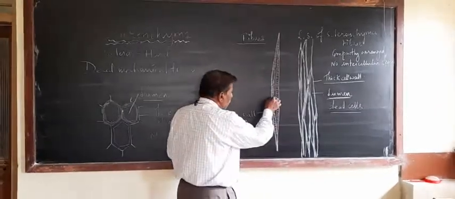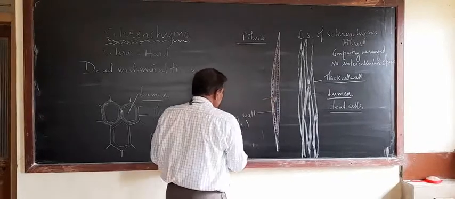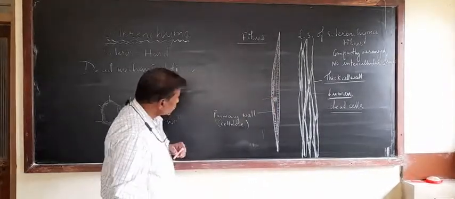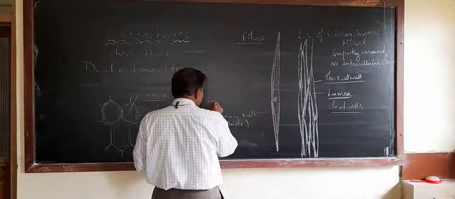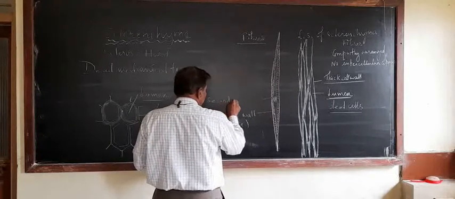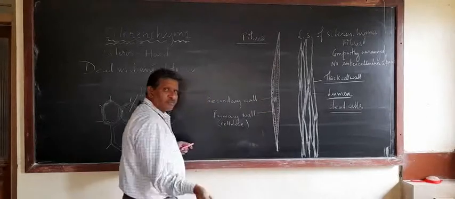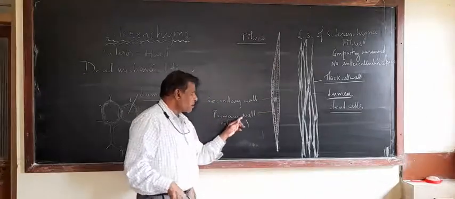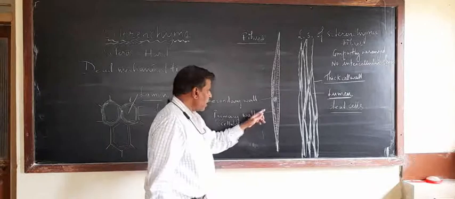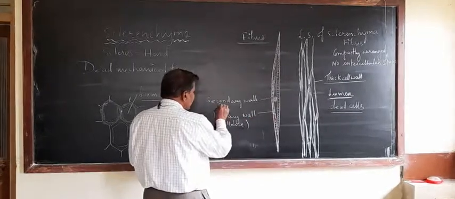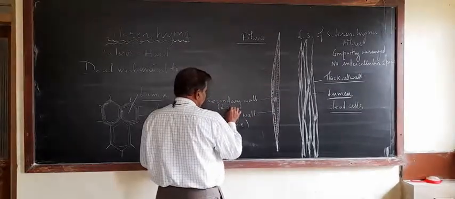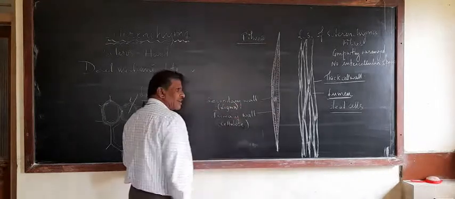This wall layer produced because of lignin deposition is usually called the secondary wall, because it is produced later, after the primary wall formation. It is made up of lignin.